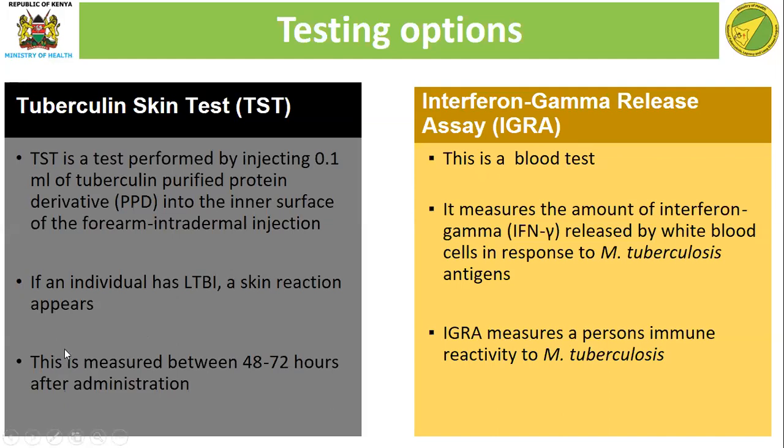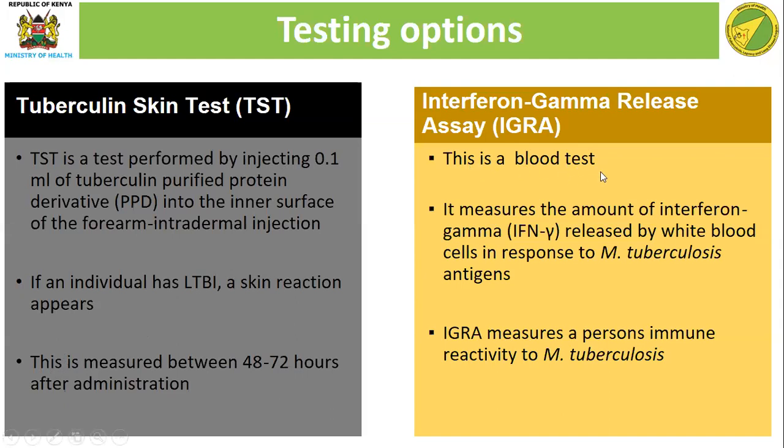Then you tell the client to come back after 48 or 72 hours to read the measurement of the induration that will have appeared. Anything more than 10 millimeters is considered positive, and you're likely dealing with an infection. IGRA works more or less the same as the TST, but this one is a blood test.